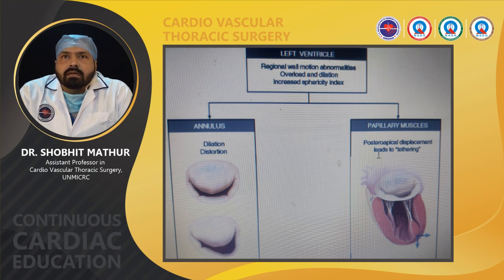That will cause tethering of the leaflet, or restriction of leaflet motion, mainly occurring in systole, and that will cause the MR. Now on the left-hand side, if we see what happens to the annulus, there is distortion, and the posteromedial part of the posterior leaflet is moving posteriorly and apically due to tethering of the chordae, causing tethering of the leaflets. And here we can see how the MR is caused.